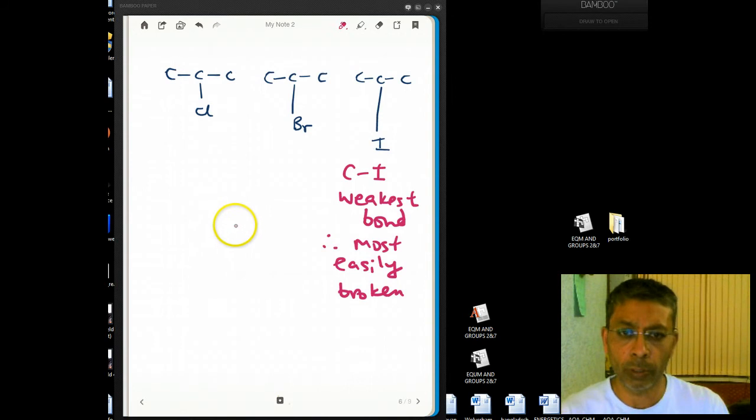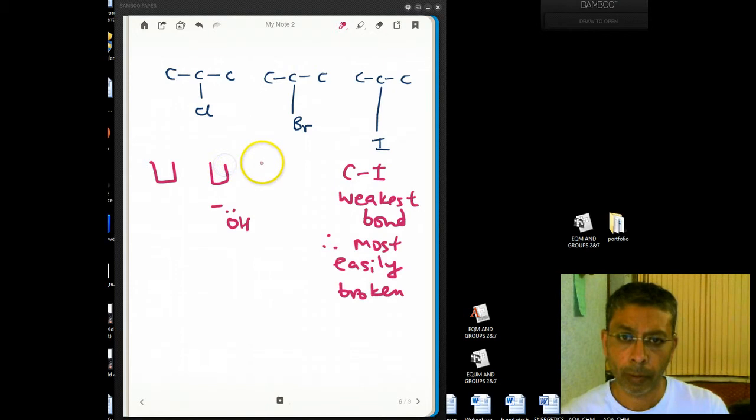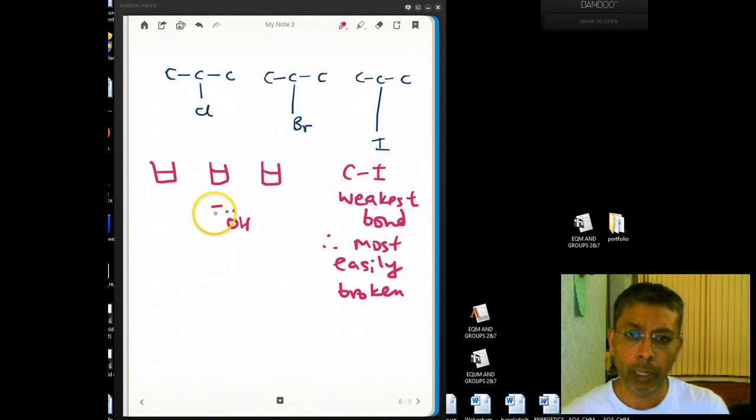Okay, so if you were to add hydroxide ions, a cold aqueous solution of sodium hydroxide, to 3 beakers of chloropropane, bromopropane, and iodopropane, and then you waited for the reaction to happen, it's the carbon iodine bond, the iodopropane molecule, which would react fastest.